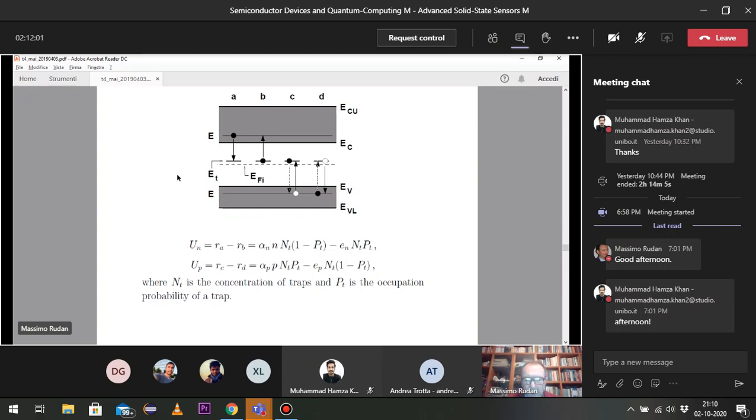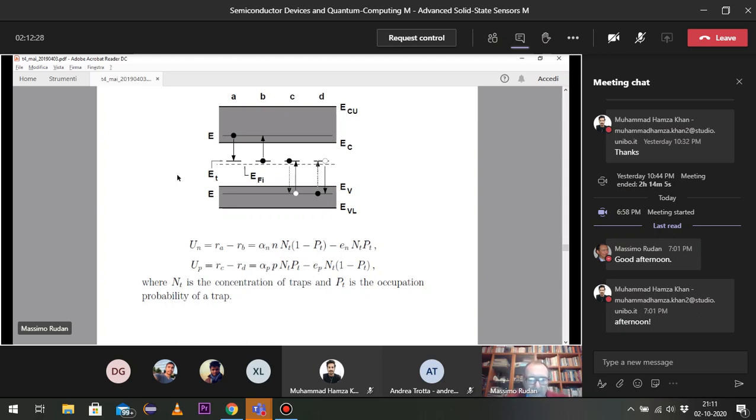So it is the number of transitions of electrons that initially are in the conduction band. So one may argue that the number of transitions would be proportional to the number of electrons that are present in the conduction band.